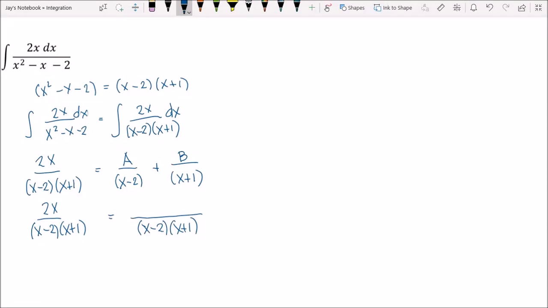We take x minus 2 times x plus 1 divided by x minus 2, so the result is x plus 1, correct? Then multiply x plus 1 by A, and the result is A times x plus 1. So this is how it goes: x minus 2 times x plus 1 divided by x minus 2, cancel out x minus 2, the remaining is x plus 1, then multiply it by A. So that is A times x plus 1.